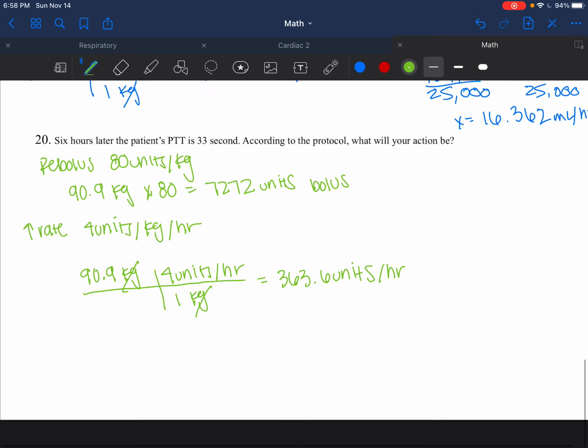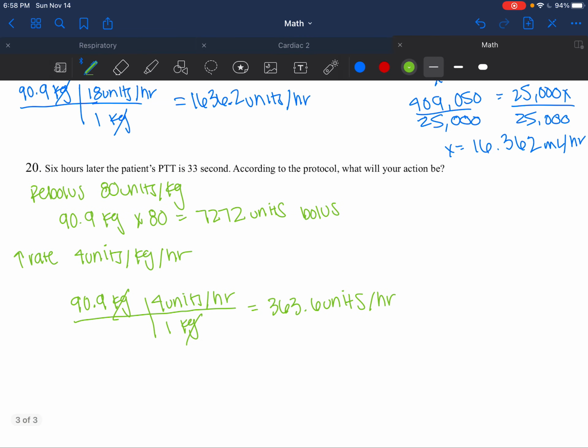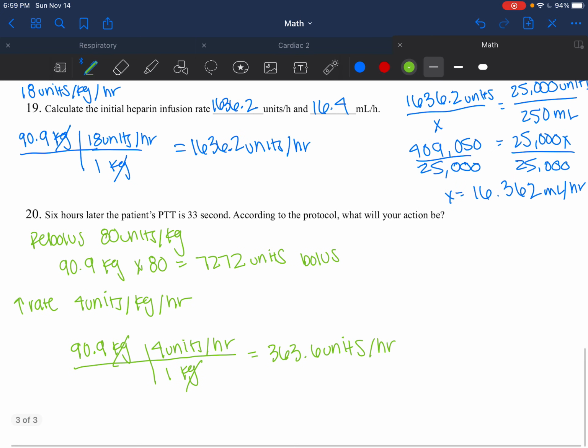But in reality, in a hospital, you're not going to be able to put 363 or 364 units on your IV pump. You have to figure out how many mils per hour that is, using the concentration we used above. So it's the same steps that we just did.